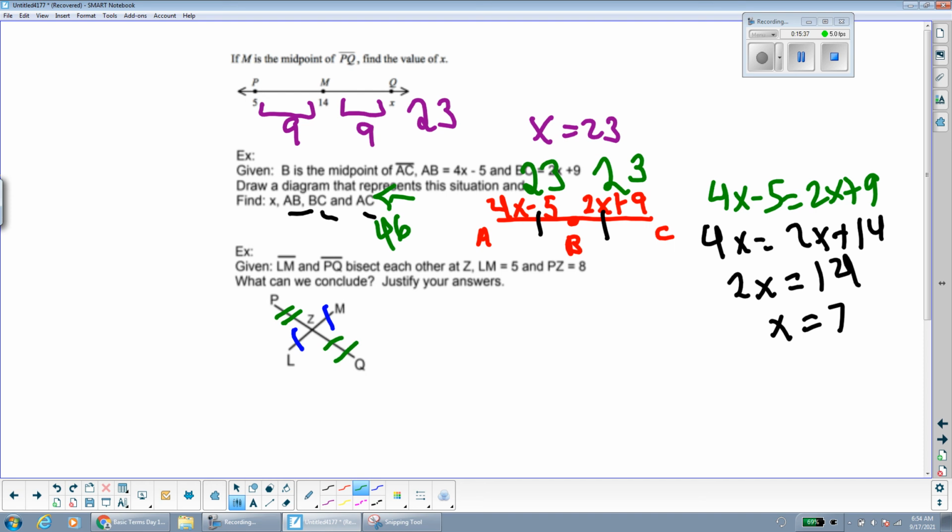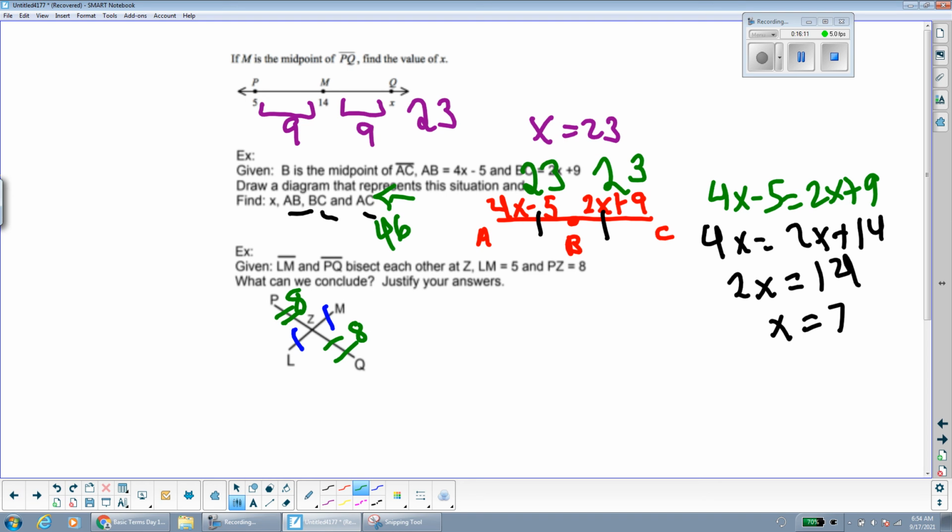They tell us that the whole segment LM is 5, and PZ, which is just part of the segment PQ, is 8. What can we conclude? Justify your answers. Well, since I know that PZ and ZQ are equal because Z is exactly in the middle, if PZ is 8, well, ZQ should be 8 as well.